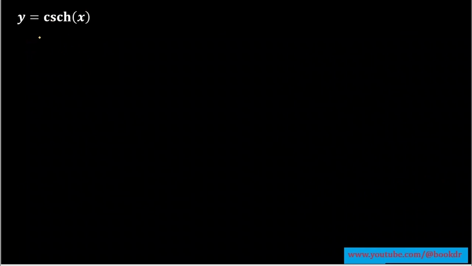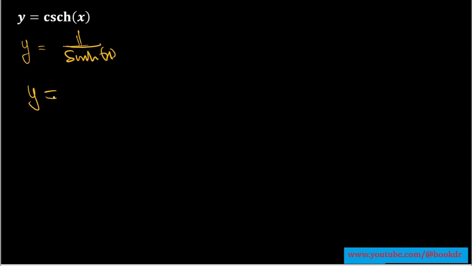y is equal to cosech x. You can write this as 1 over sinh x. Then we can either use the quotient rule, or we can make this one raised to the power negative 1 and differentiate as such.